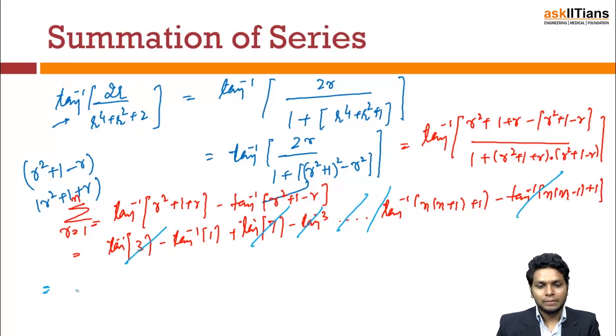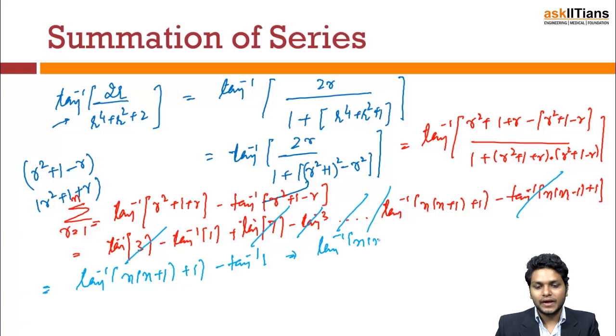So ultimately what I am left with is tan inverse of n into n plus 1, plus 1, minus tan inverse 1, which is pi by 4. So this can be written as tan inverse of n into n plus 1 plus 1 minus pi by 4, which is nothing but the RHS.